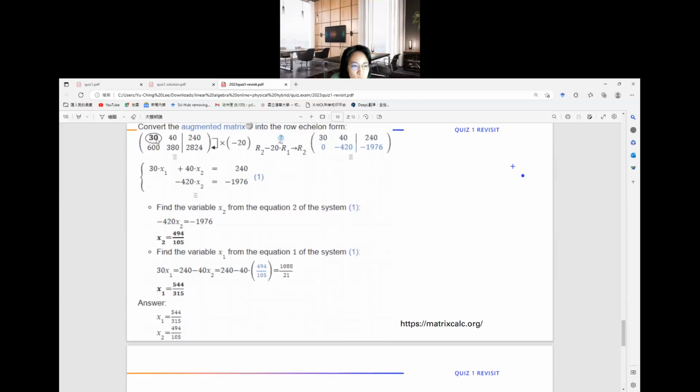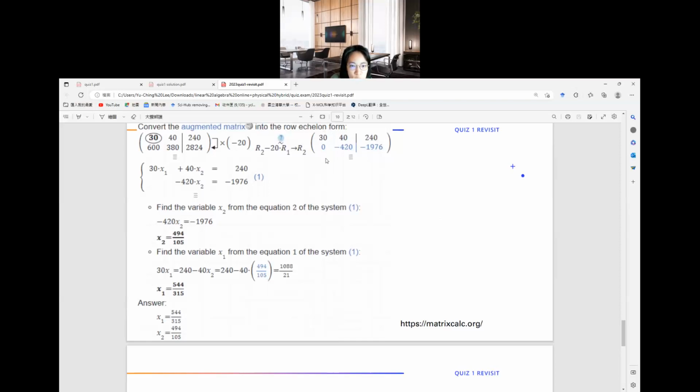Then we want to reduce the value 600 into 0, as the second matrix shows. So I choose 30 as my pivot and multiply the first row by minus 20 and add it to the second row. As a result, the second row is reduced to 0, minus 420, and minus 1976, while the first row remains the same.